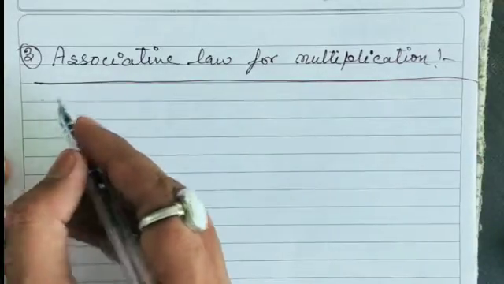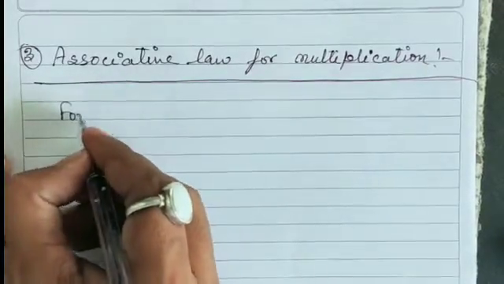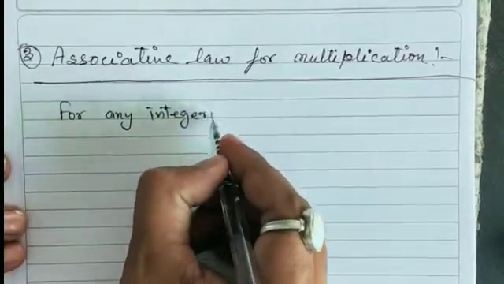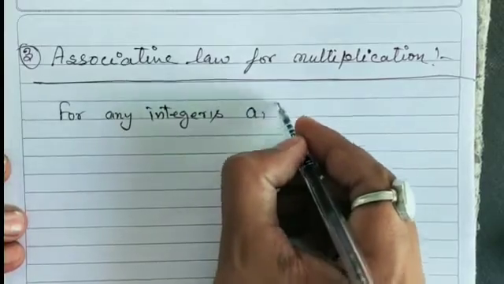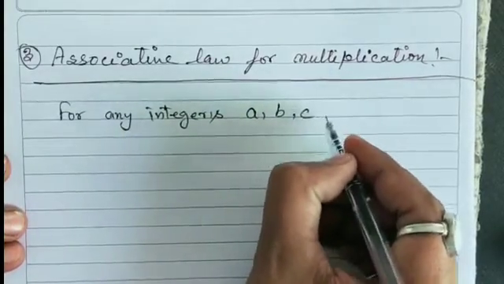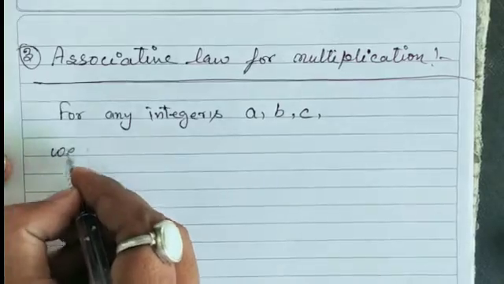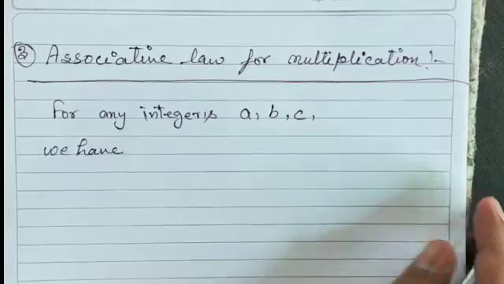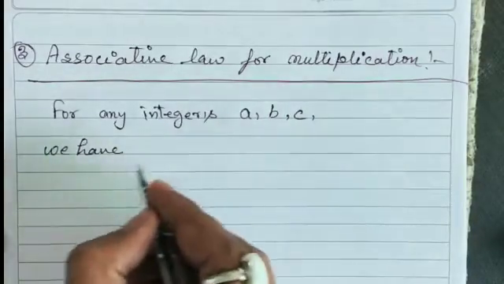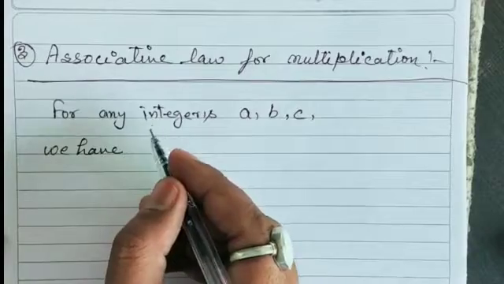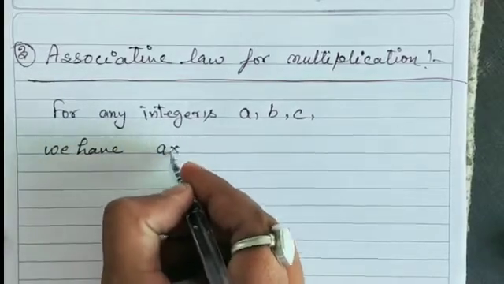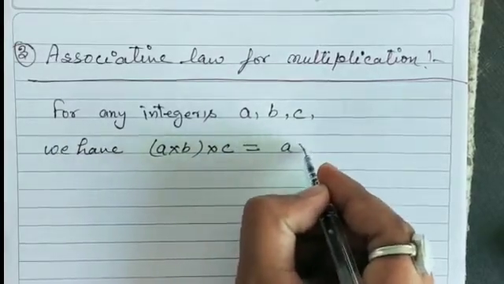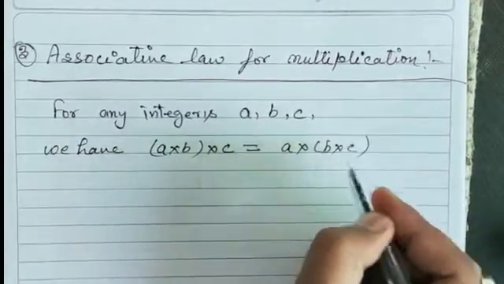In this property, for any integers a, b, c, we have to satisfy this: (a into b) into c is equal to a into (b into c).